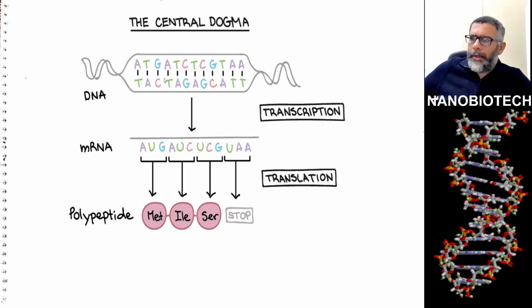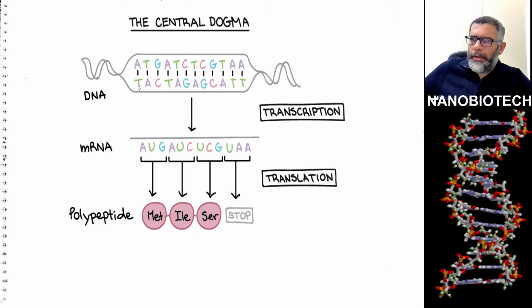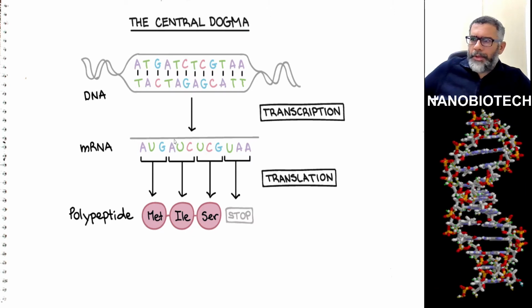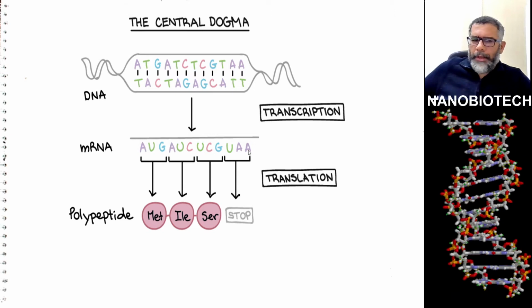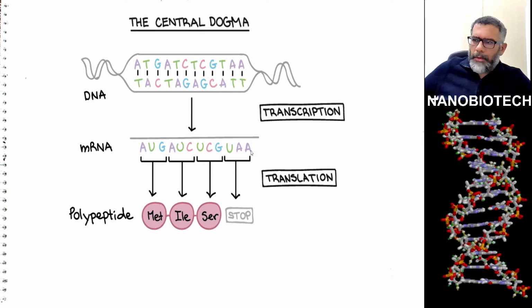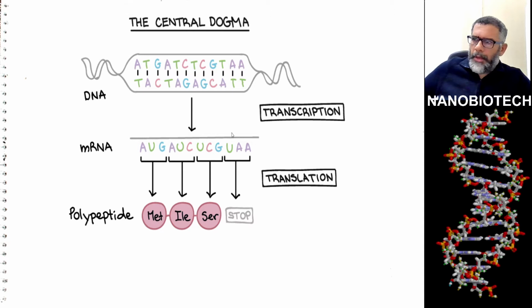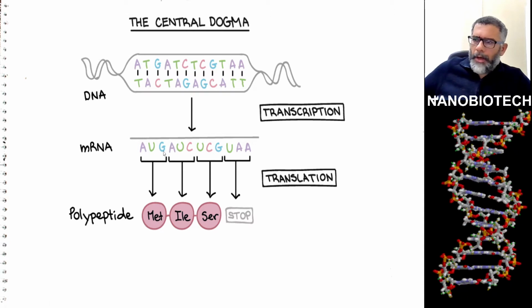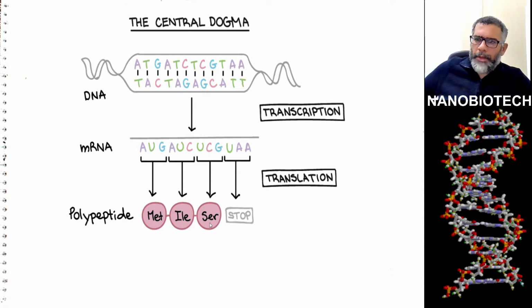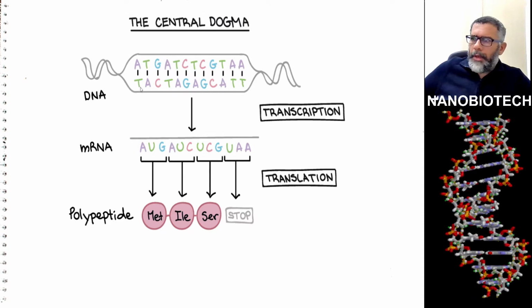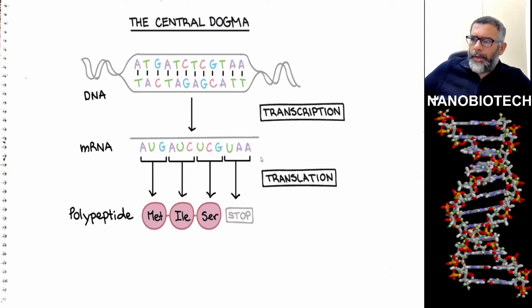Whatever information is encoded in DNA is just copied to another one-strand molecule, a ribonucleic acid. DNA is deoxyribonucleic acid. So RNA is just like DNA, but it's just a single strand. So the information is copied to the RNA.